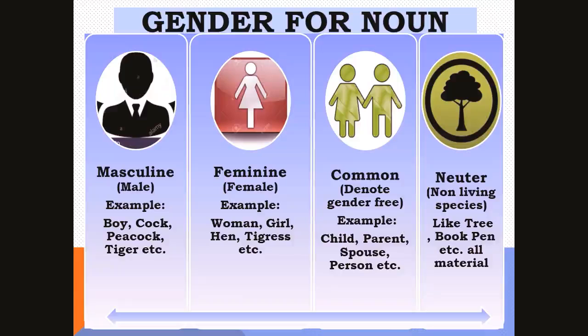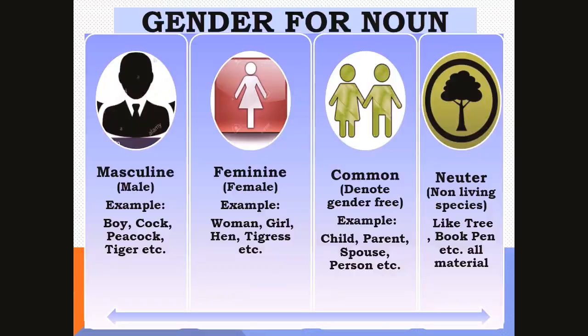Another very important thing comes in the noun, that is gender for the noun. As we all know, there are four genders. There are masculine, feminine, common and neuter. These are mostly used for the proper nouns.